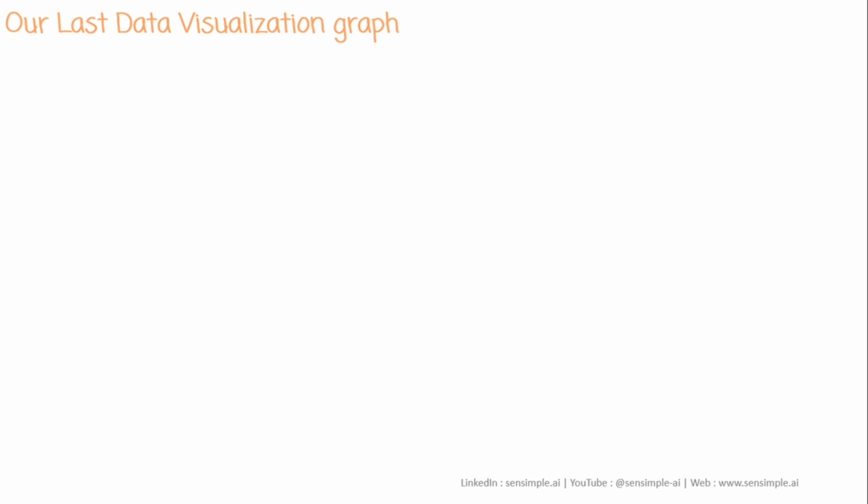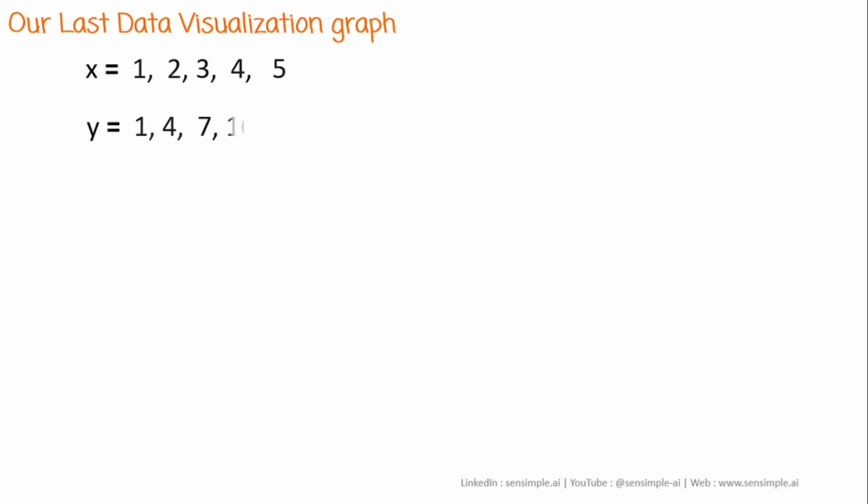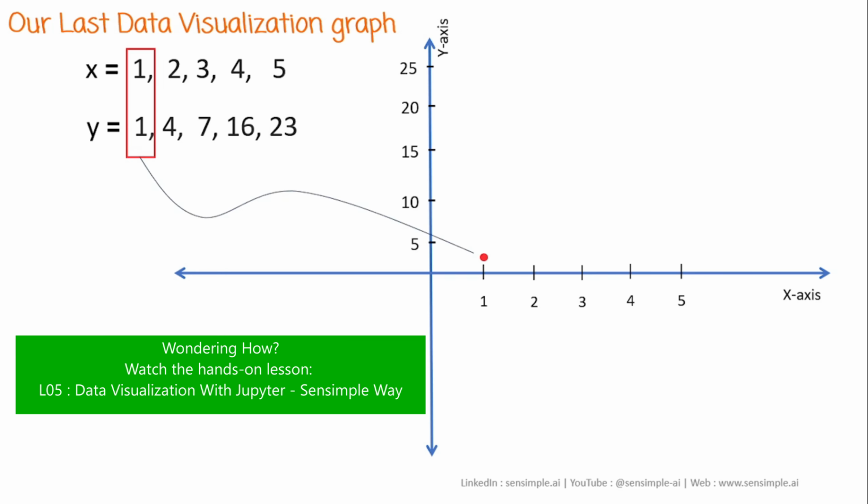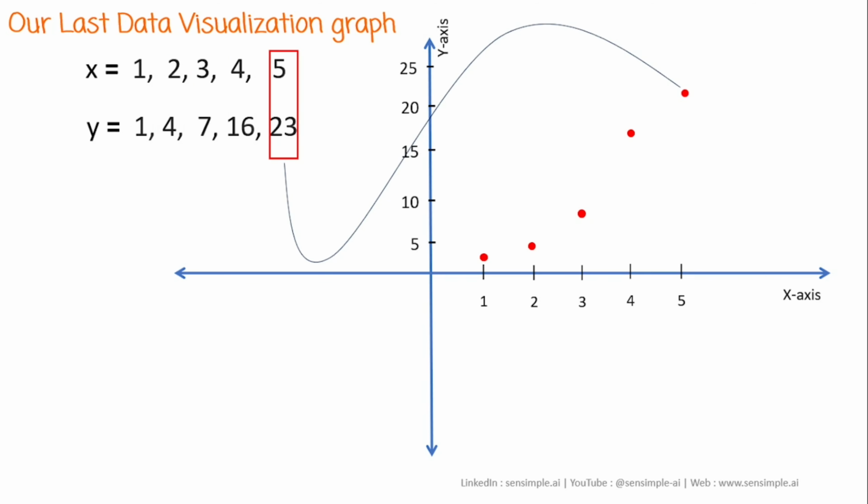In our last session, we saw how to perform data visualization using Jupyter, and we plotted this dataset in our Jupyter notebook. We had the actual value of x and y, and we simply plotted it using Python package. However, what happens when we want to plot the value of y based on the current trend on the values of x?